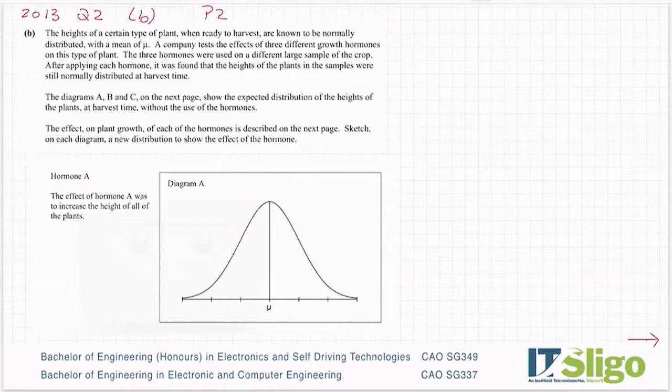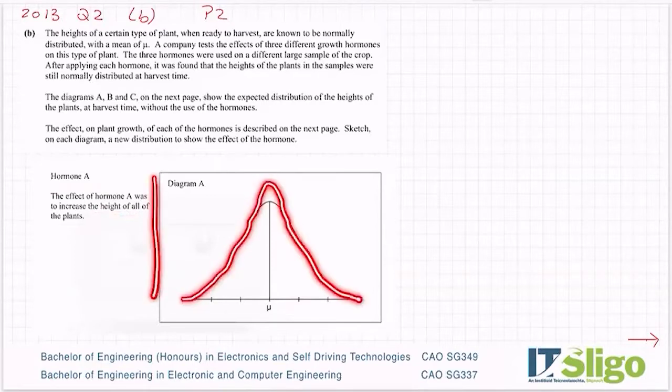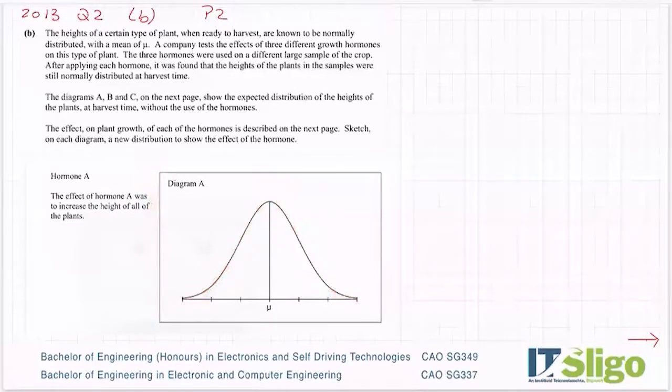The effect of hormone A was to increase the height of all of the plants. Now the temptation here might be to increase the graph that way, because we're used to something like height being on the y-axis. But no, not in this case, because when it's a histogram, when it's a normal distribution, that's frequency.